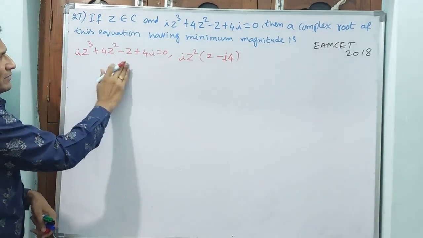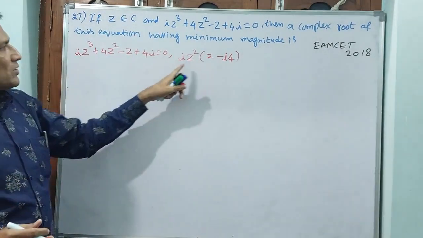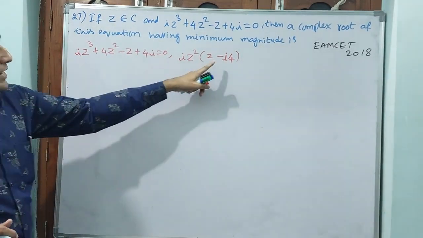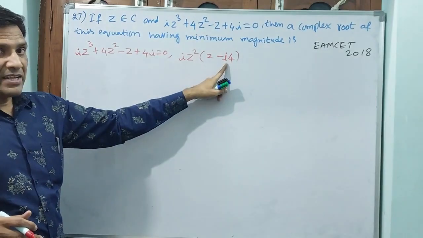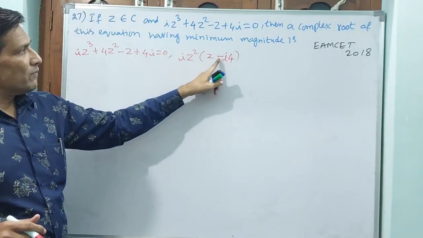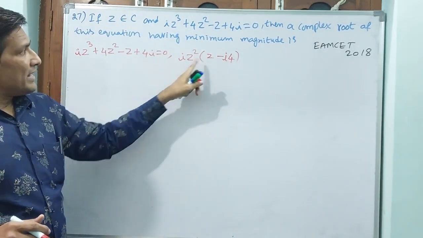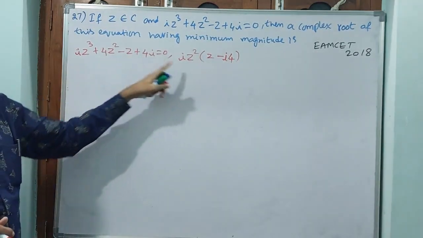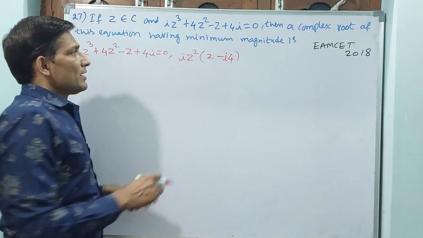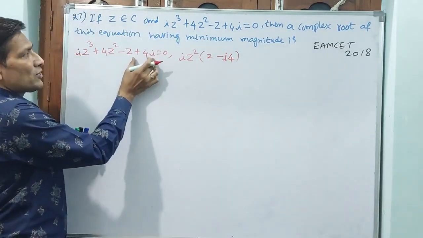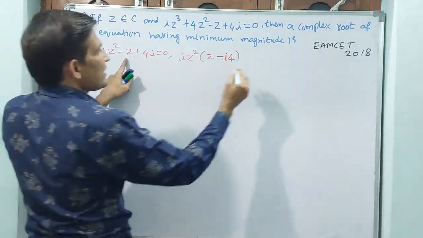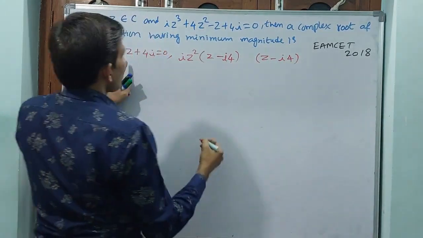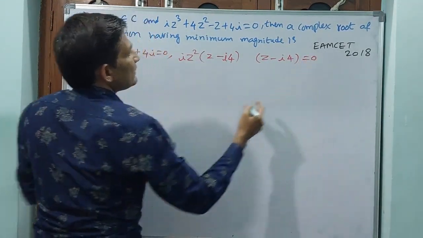This we will take afterwards. See, iz square into z, iz cube. iz square into minus 4i, minus i square plus 4, z square is outside. Now you see, shall I take z minus 4i common again here? I can take, it is appearing to me. z minus 4i equal to 0 I will keep.